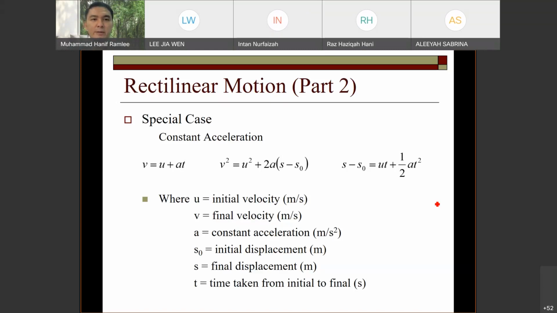Let's recap what you have learned. You have learned the first part of rectilinear motion. Last week we learned how to develop the equation given from the question. Let's say s equal to something or v equal to something, then you can develop the equation from the given equation, and from the equation you can draw the graph.